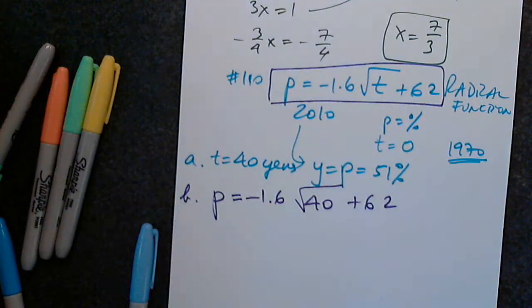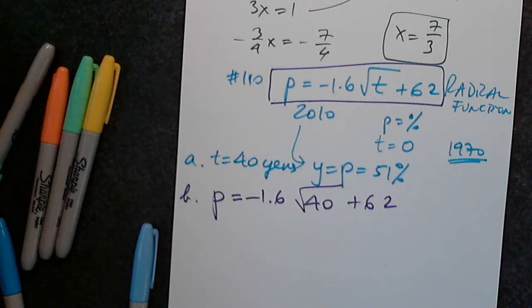I have a question. Sure. Why didn't we put the 51% into P if we already had P? Because we estimated. We're asked to use the model now to determine the same thing. We cannot trust that as exact. The model was determined based on the points that they plotted, and the model cannot be perfect.